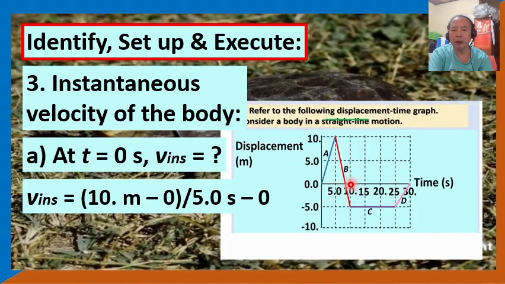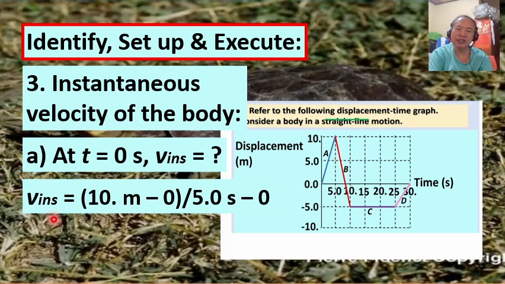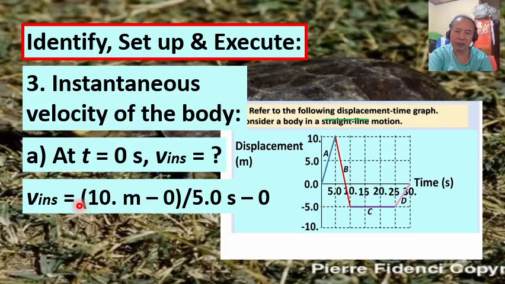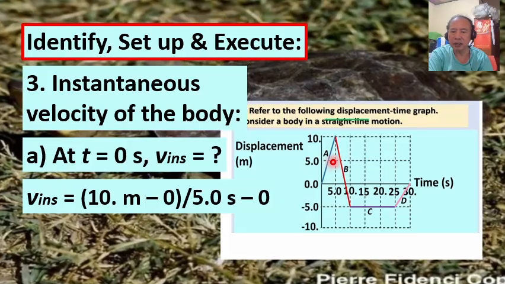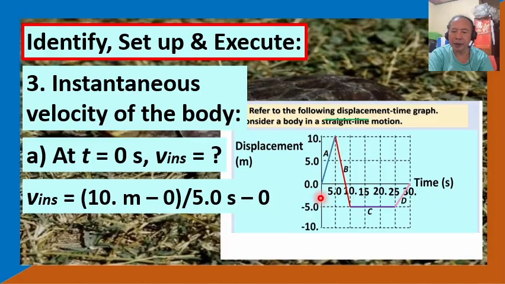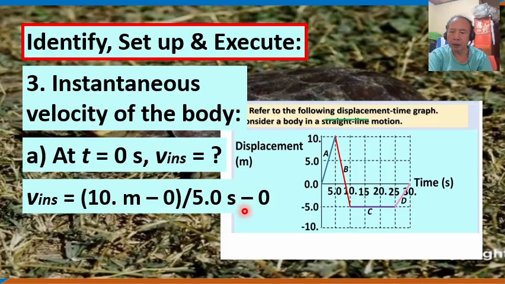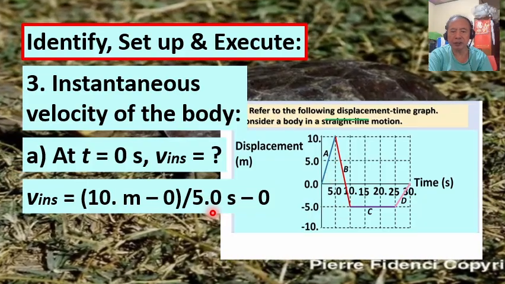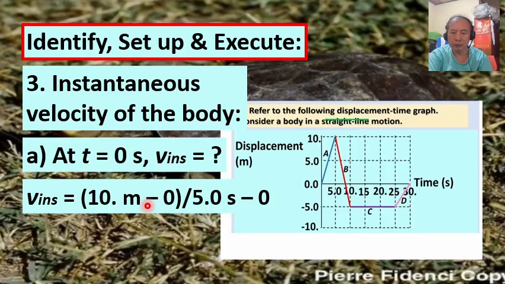Using the slope of graph line A, we can determine the instantaneous velocity at time equals 0, which is just equal to that at any instant as long as the time falls under graph line A, right? So for example, from 0 to 5.0 seconds, we can determine the average velocity.